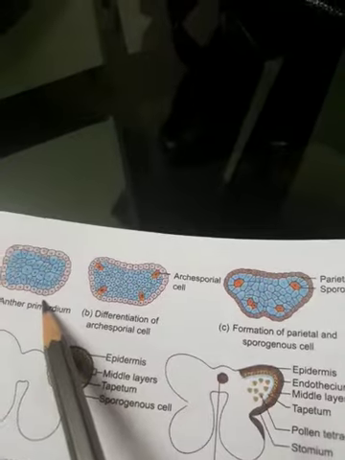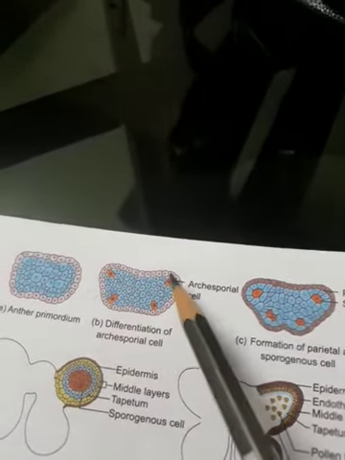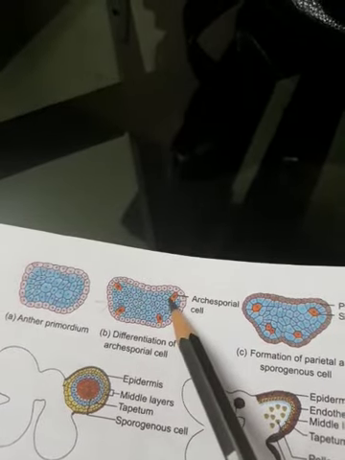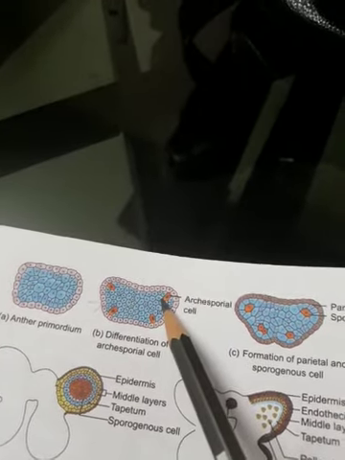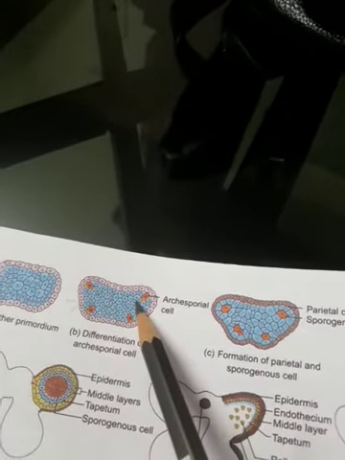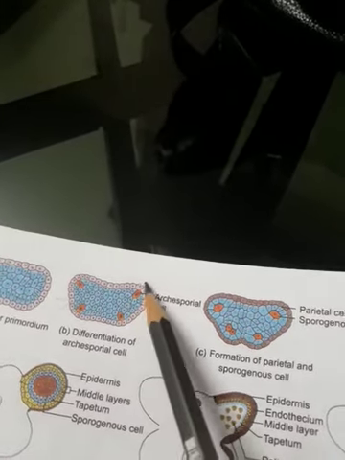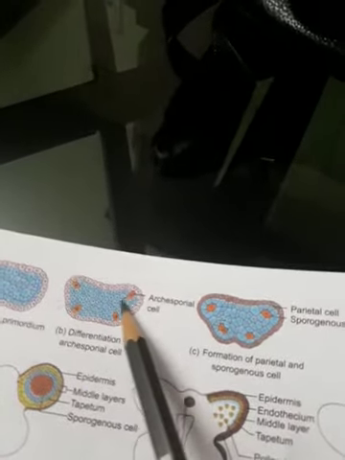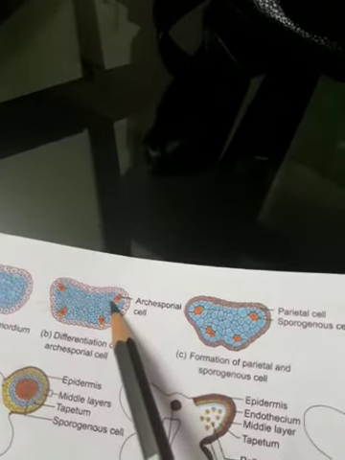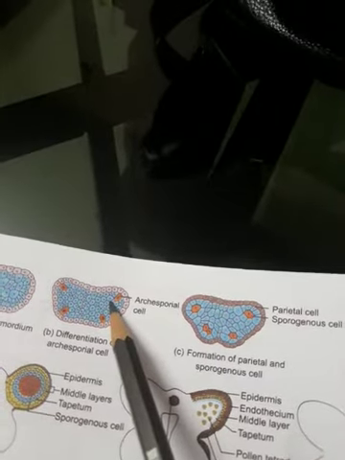Next stage of development, just below the epidermis, certain hypodermal cells will be very prominent, and they will become enlarged with a prominent nucleus.